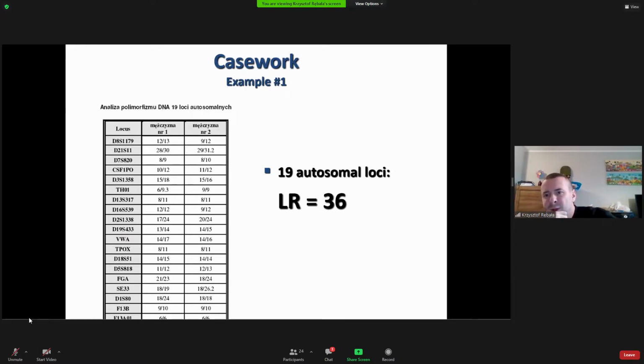What else could we do? We tested 19 autosomal loci, 19 autosomal markers in these two individuals. I'm just trying to help you. We tested 19 autosomal markers in two individuals.